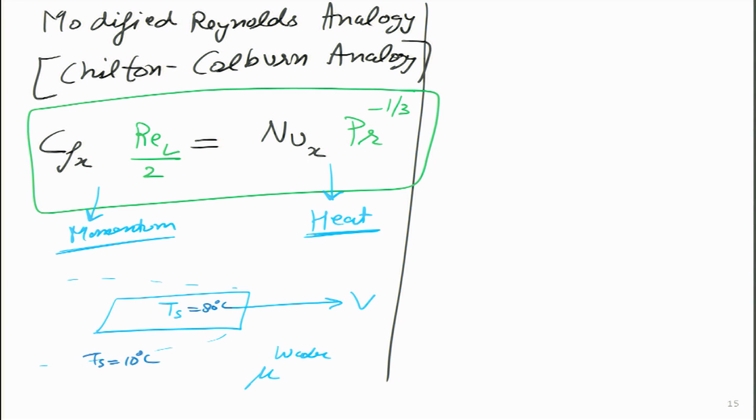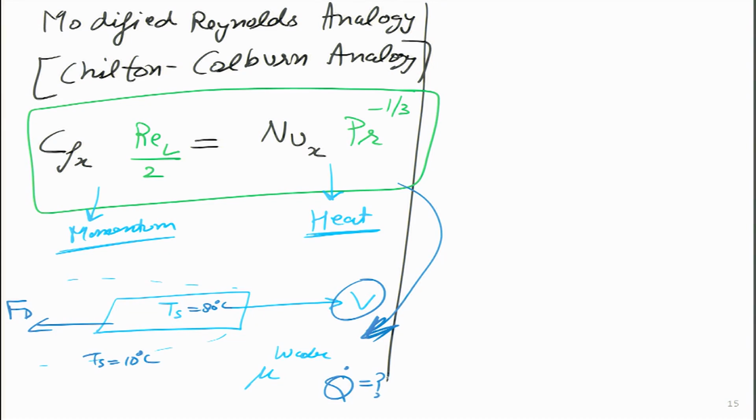So, what this analogy tells us is, if I figure out what is the drag force here, because that force I have to apply to pull it forward, just by measuring drag force and doing the non-dimensionalized analysis, I will be able to figure out what is the value of Q dot, how much heat transfer is taking place from that particular solid to the fluid.